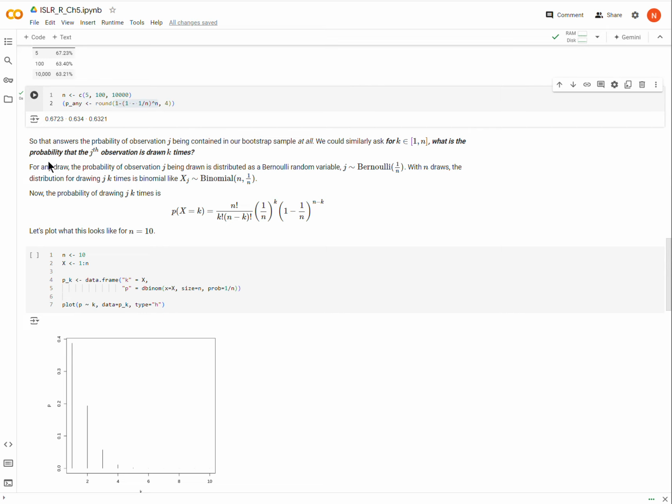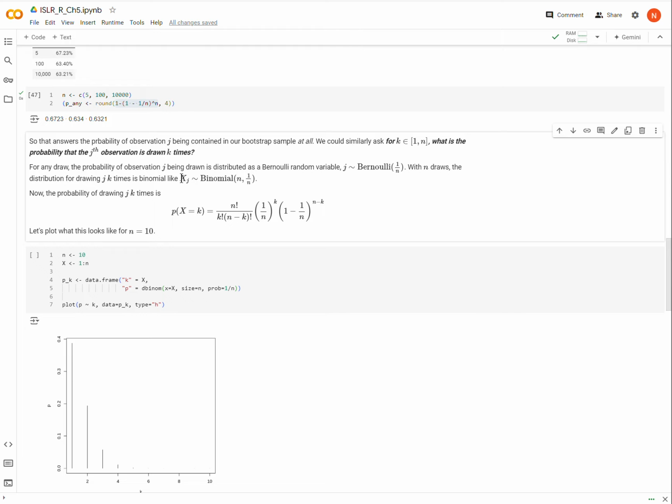So this means then that the number of times that I draw observation j, and let's call that xj, is a binomial random variable, with n draws, where each draw has a probability of 1 over n of drawing j.